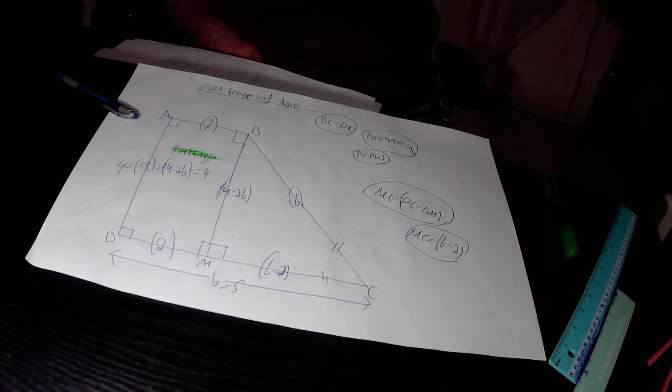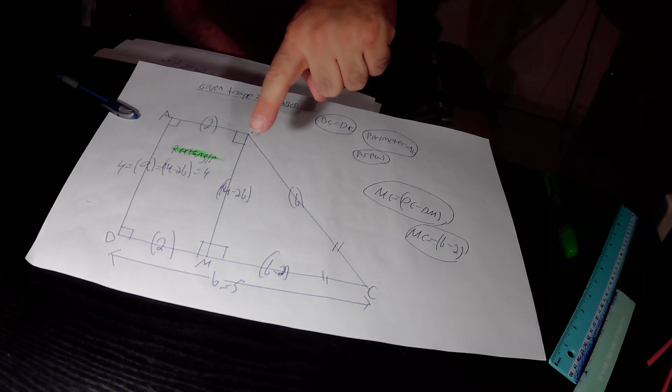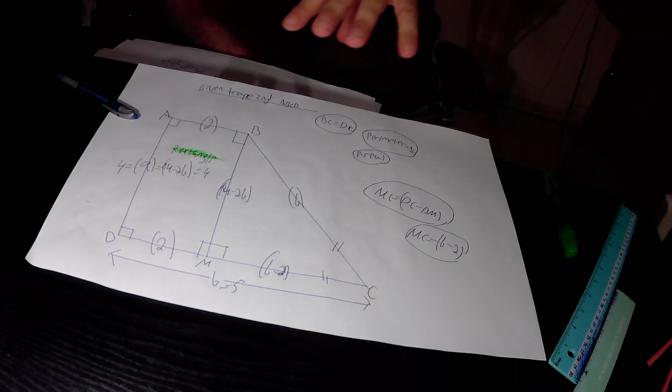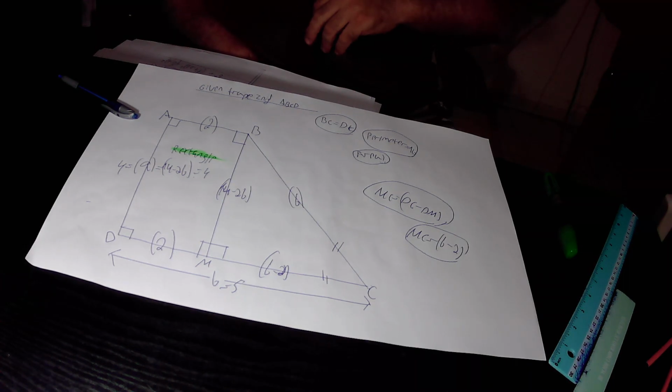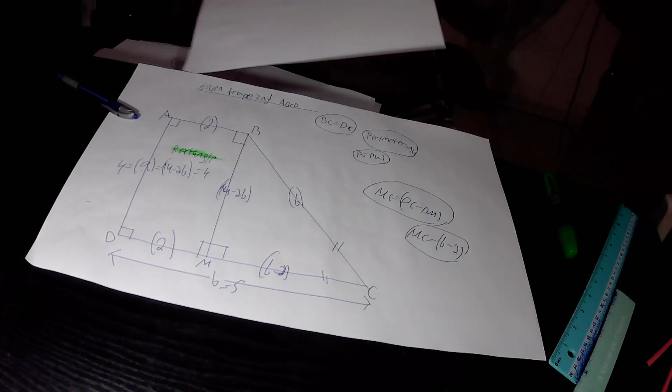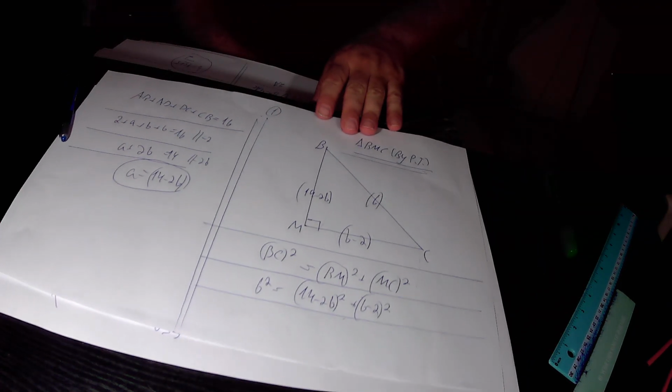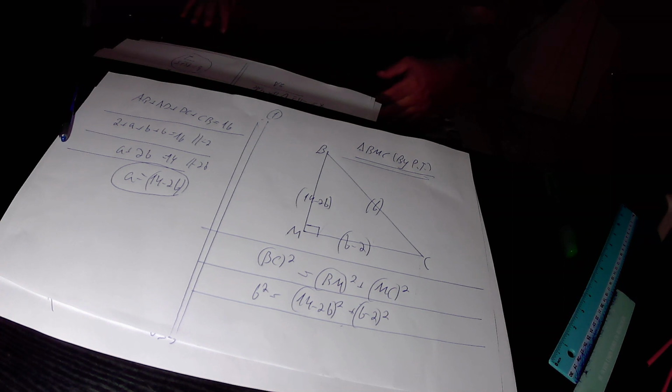In the next step, we copy this right triangle BMC and implement the Pythagoras theorem. According to the Pythagoras theorem, in any right triangle, the square of the hypotenuse equals the sum of the squares of the perpendicular sides. So this is the right triangle BMC that I got from the original drawing.